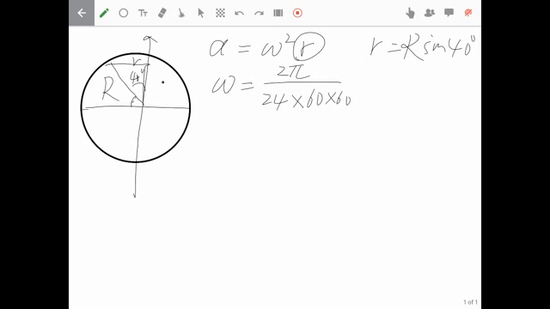Okay, so the radius of the Earth, capital R, equals 6.3781 times 10 to the power 6 meters. Now you can easily find that the lowercase r equals that number times sine 40 degrees. Can you calculate now?